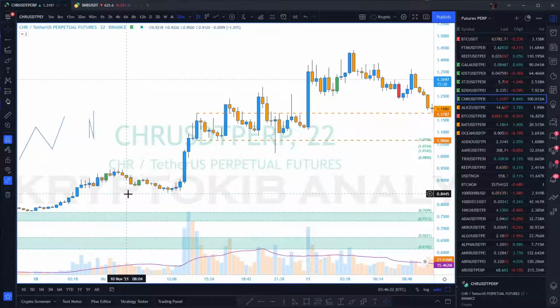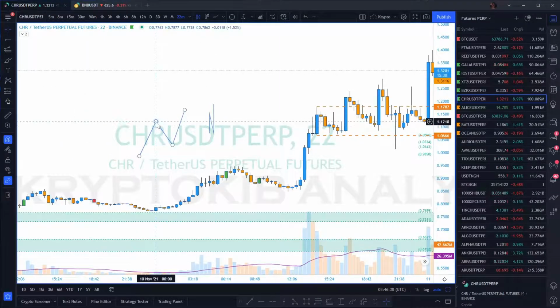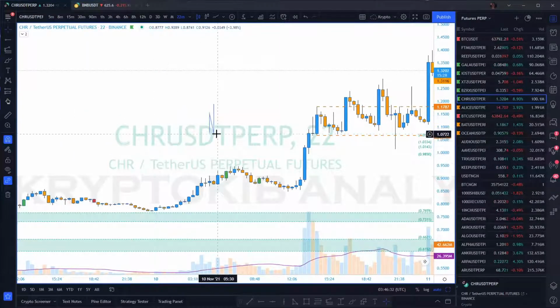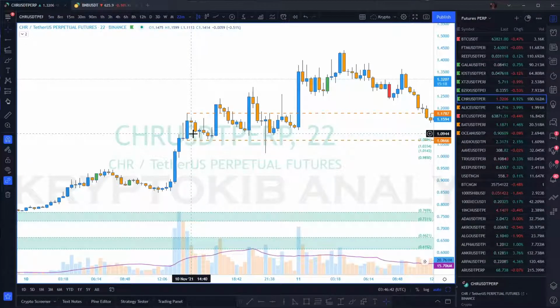But bear in mind, there is a catch here. Bear in mind that we have hunts, right? What people call manipulation, stop hunting, then deviation. We can have another candle moving below the low of this low and then closing right above it.